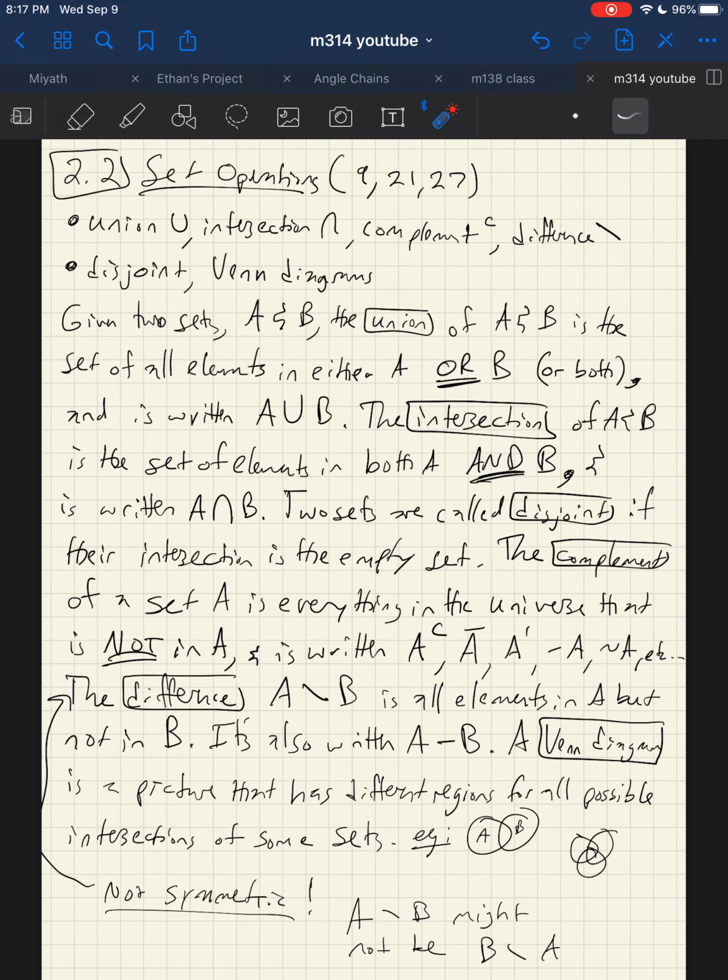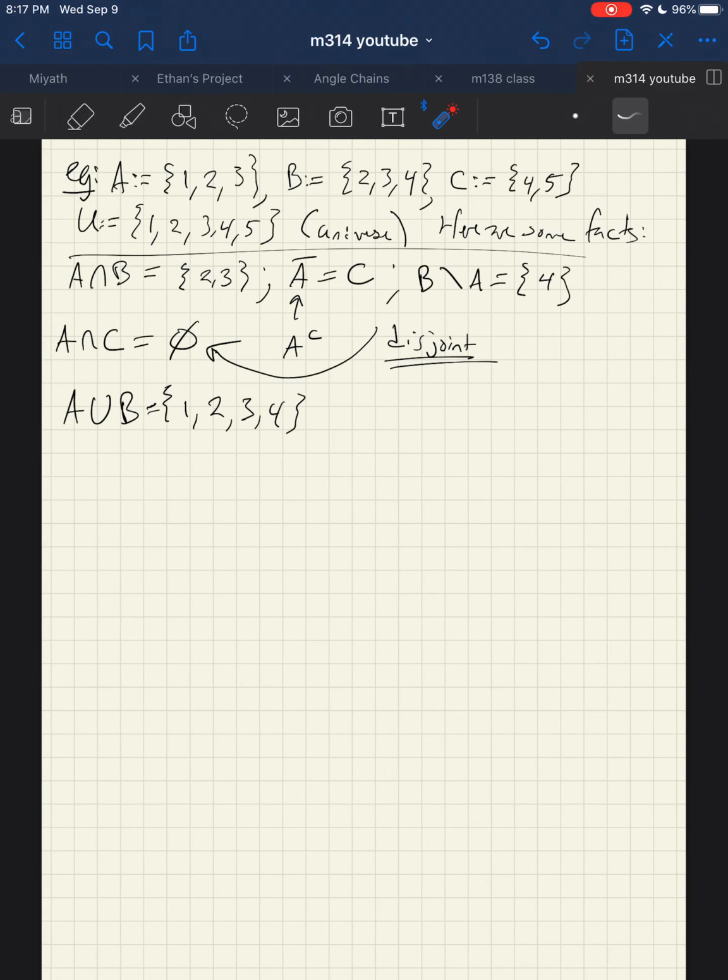So we defined intersection as the elements that are in A and in B. So 2 and 3 are the elements that are in both A and B. Now imagine that you were just quickly trying to describe this set in terms of the definitions of A and B. So if you're thinking, then you might say, oh, it's the set of elements that are in A or in B. But it's not unheard of for someone to say in colloquial English, oh, it's everything in A and B.